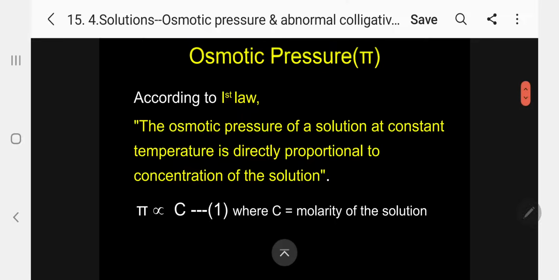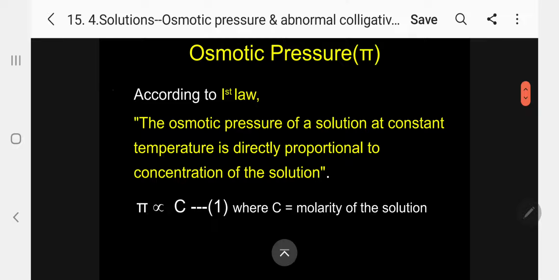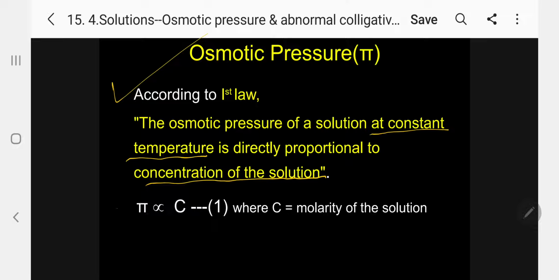According to the first law, kindly follow, the osmotic pressure of a solution at constant temperature is directly proportional to the concentration of the solution. So pi is proportional to C at constant temperature, where C is the molarity of the solution.